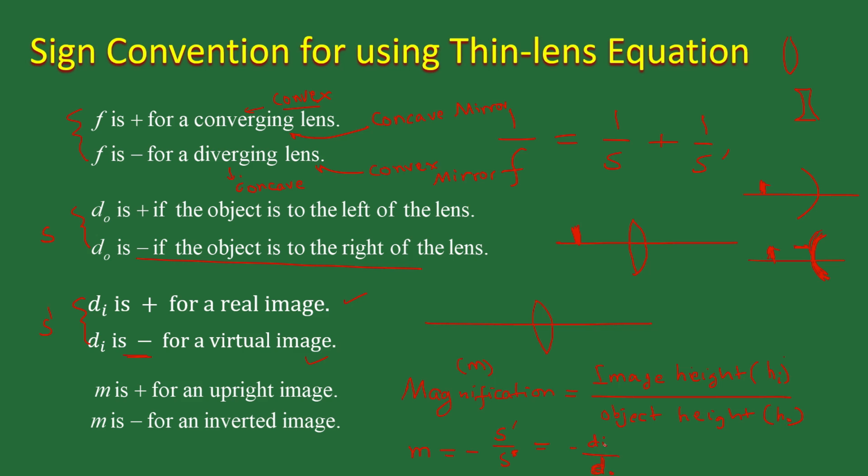So the image distance over object distance gives us the magnification. If the magnification is positive, that means the image is upright, and if the magnification is negative, it is inverted.